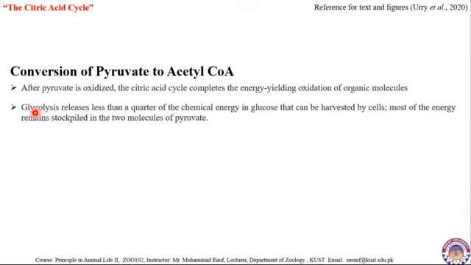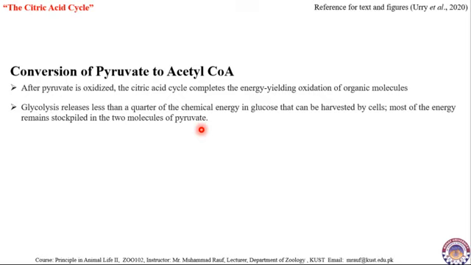Most of the energy remains stockpiled in the two molecules of pyruvate. So in glycolysis, only 2 ATPs were produced, and along with those 2 ATPs, 2 NADH molecules were produced.